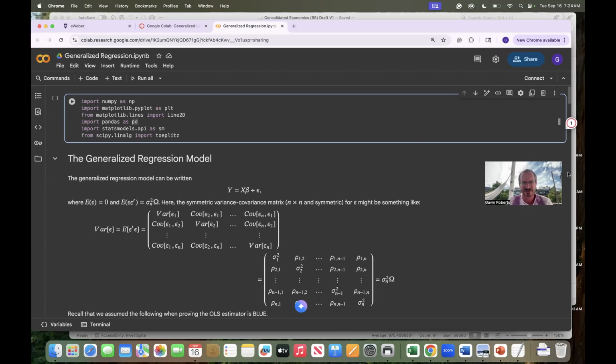And I'm also going to cover autocorrelation, because the generalized regression model can be used to help us with statistical inference when we are looking at data that might be experiencing autocorrelation or heteroscedasticity. So let's start off by thinking about, I'm going to open our other Colab notebook from last time.